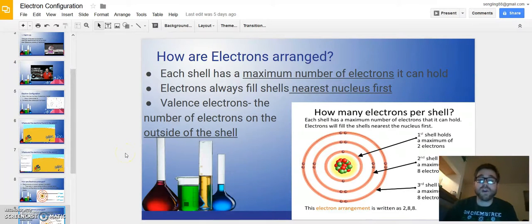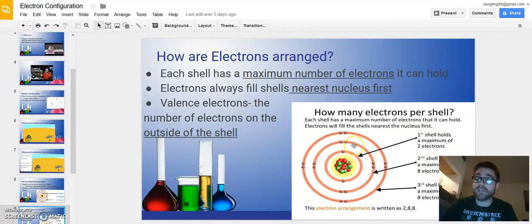So electrons are arranged in these shells, and each of these shells has a maximum number of electrons. A moment ago, I already told you how many each shell can hold. The first can hold 2, the second can hold 8, and the third can also hold 8.